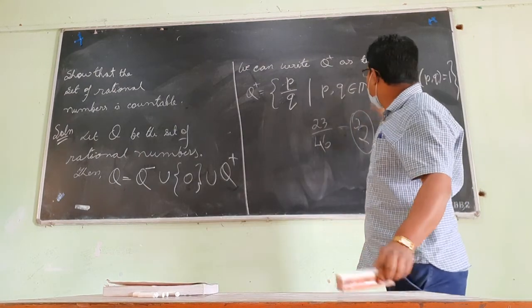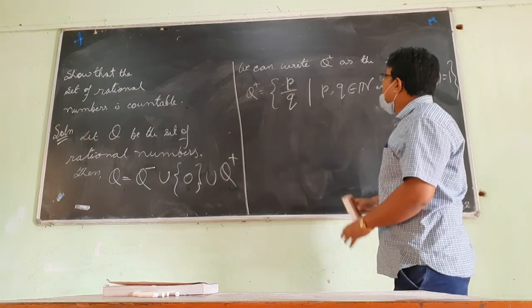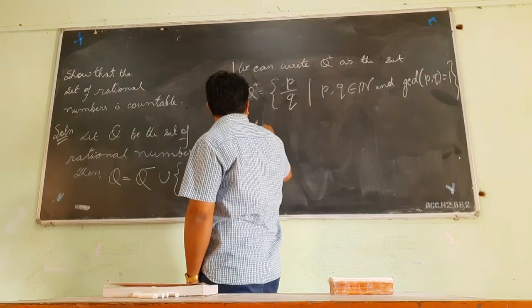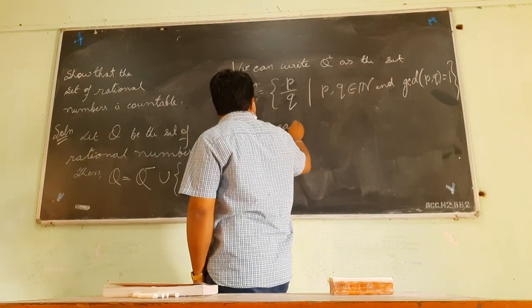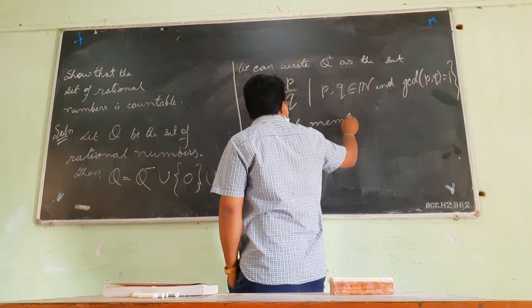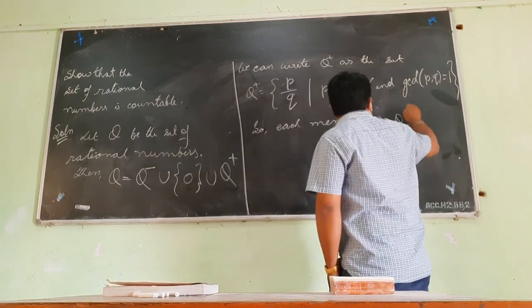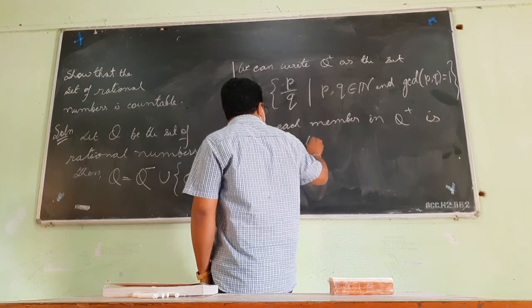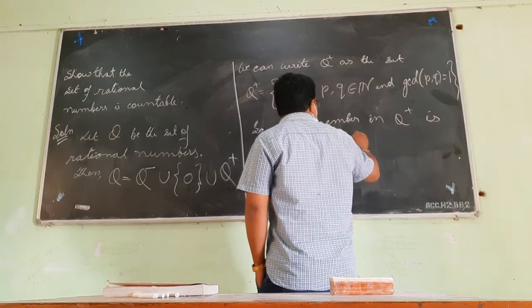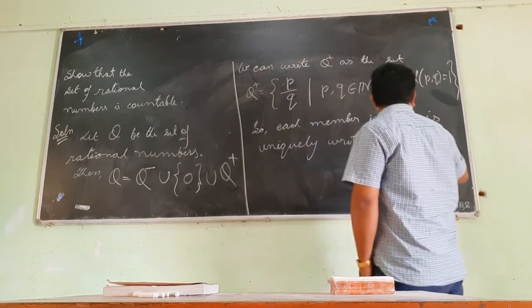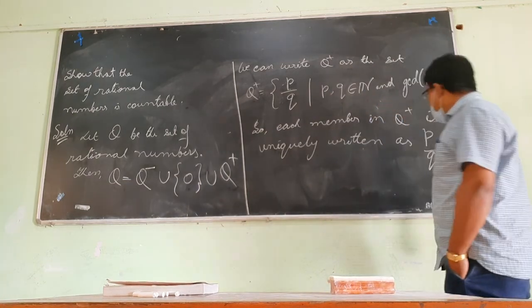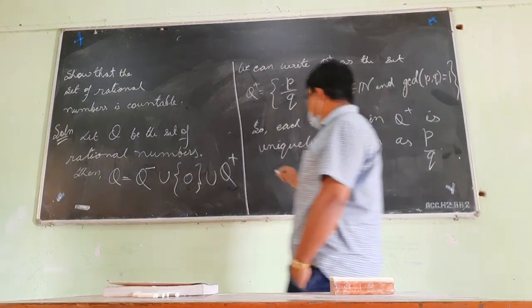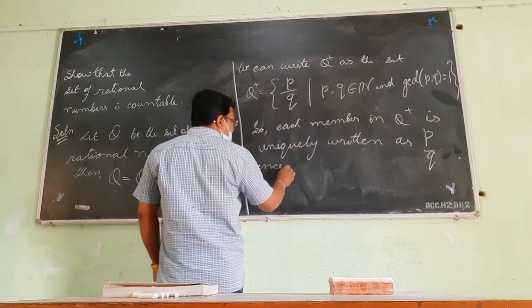That is why I have written this. So each member in Q plus is uniquely written as p by q. Hence we define a function.